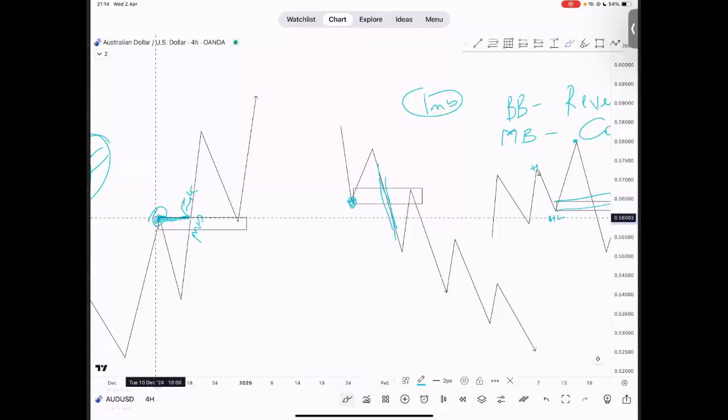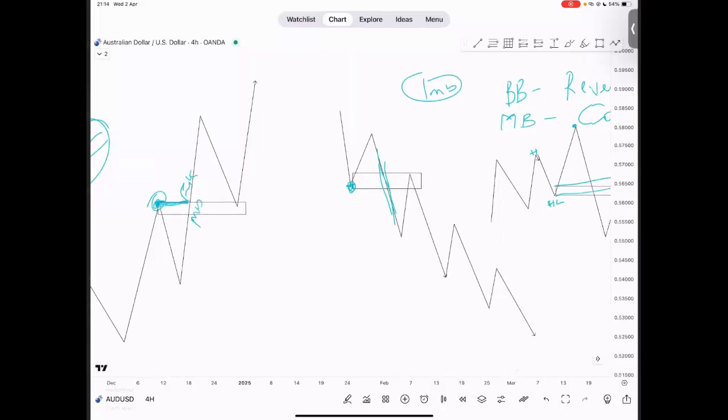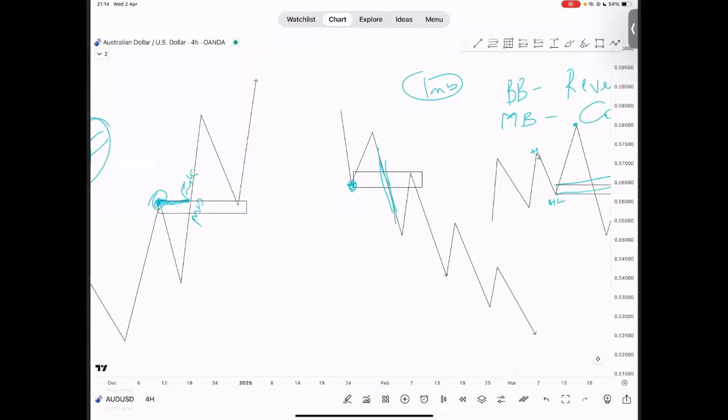But it is always in continuation of the trend. In a downtrend, the mitigation blocks you find are continuing the downtrend. In an uptrend, the mitigation blocks you find are continuing the uptrend, right?